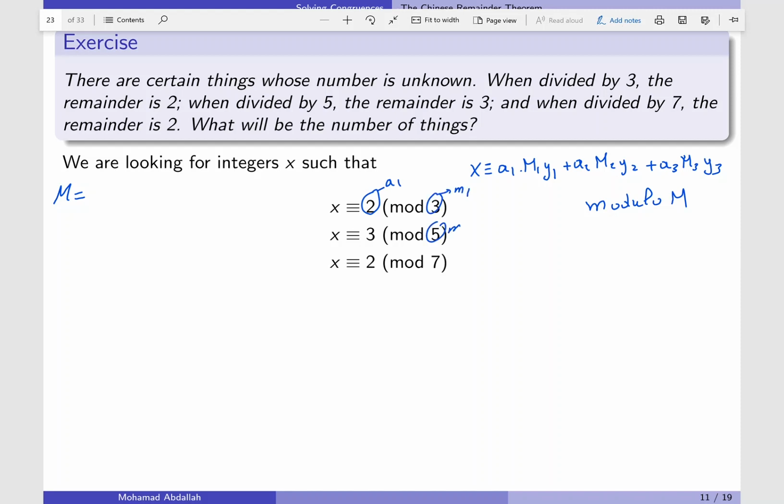This is m2, this is small m3. This is a2, and this is a3. So M is m1 times m2 times m3, which is 3 times 5 times 7, which is 105.